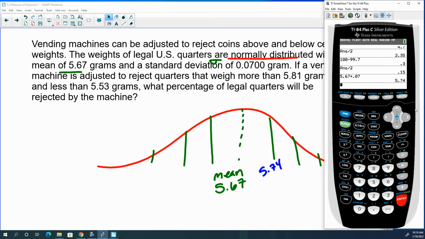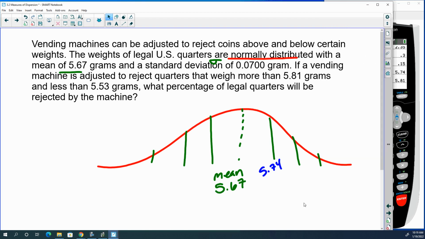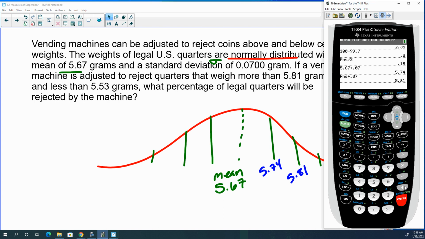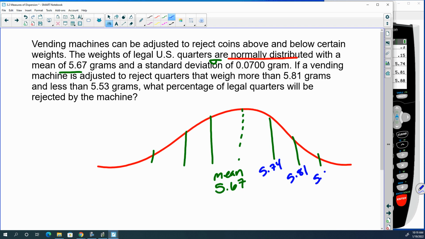Then I add the standard deviation again, and the next line will be 5.81. Then I add it again and I get 5.88. Usually we just draw 3 lines above the mean and 3 below, because out here at these little tails, it just gets so small. So we usually don't keep adding the standard deviation. We usually just go out 3.